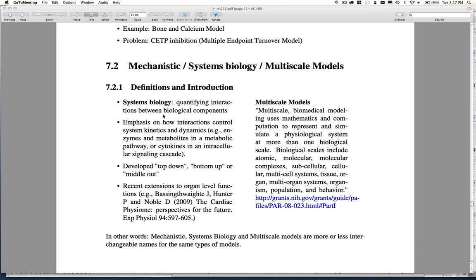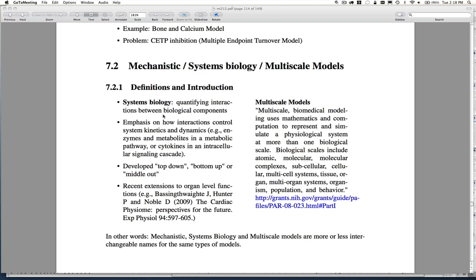Now, parallel to our evolution into these mechanistic and semi-mechanistic pharmacodynamic models, there is a discipline of biology called systems biology, which interestingly does a lot of the same things that we've been doing as we develop these mechanistic models. In systems biology, they're looking to quantify interactions between biological components.